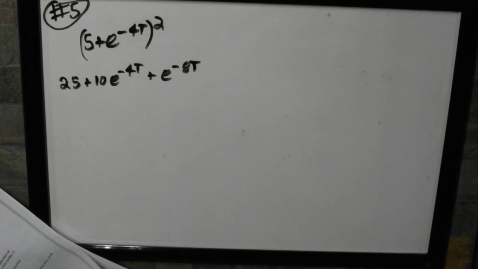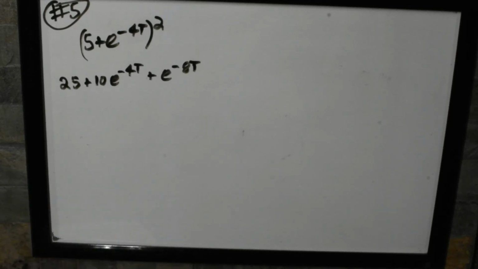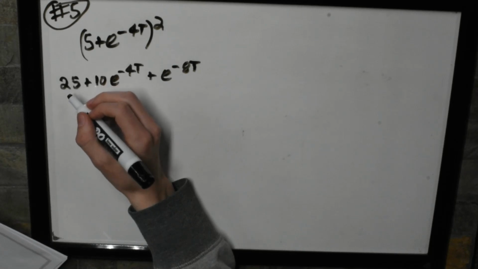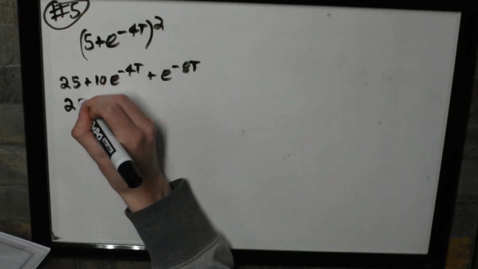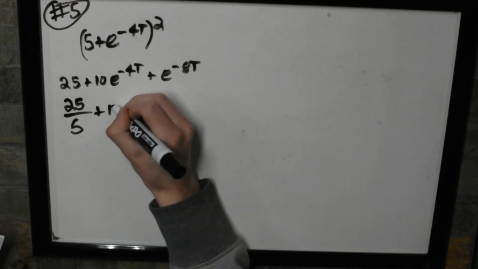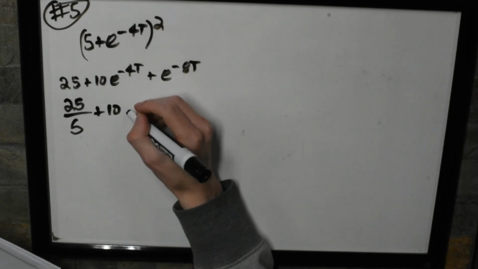And we just basically do what we did in section 7.2, which isn't too bad. We got to reference that chart. And so we have 25. Well, this is just a constant, so it's going to be 25 over s, plus 10 times, well, e to the negative 4t. This is just e to the alpha t.